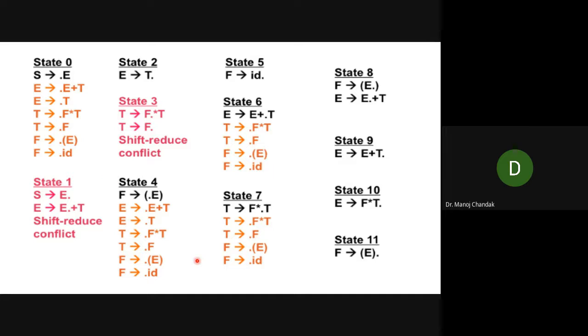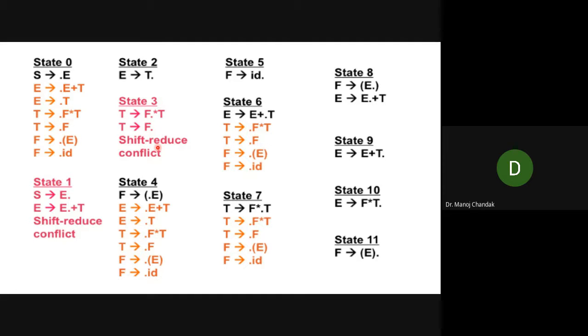So I hope you understood how to check whether in the given grammar there is a shift reduce conflict or not. Shift reduce conflict exists if there is a production rule which has a dot symbol but there is no terminal or non-terminal after it, and in another rule there is a terminal or non-terminal after the dot, then there will definitely be a shift reduce conflict.